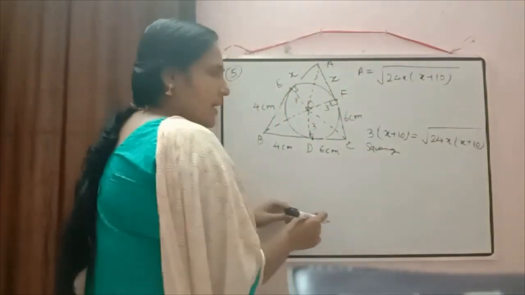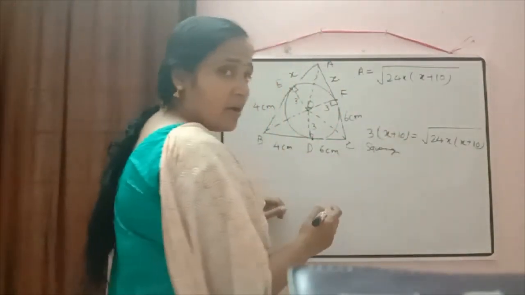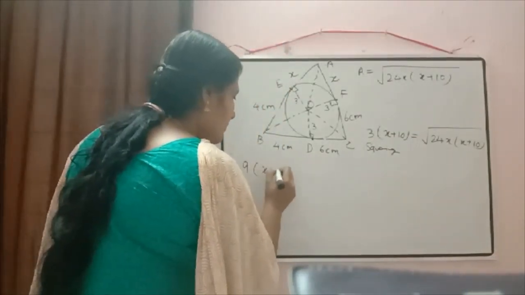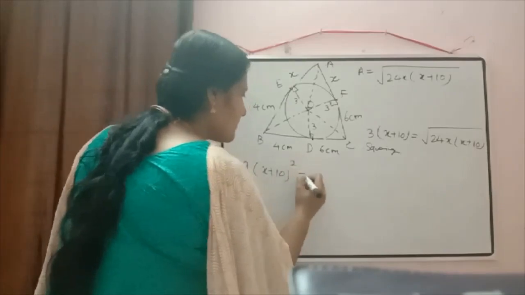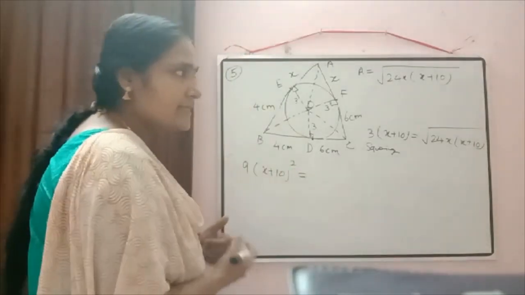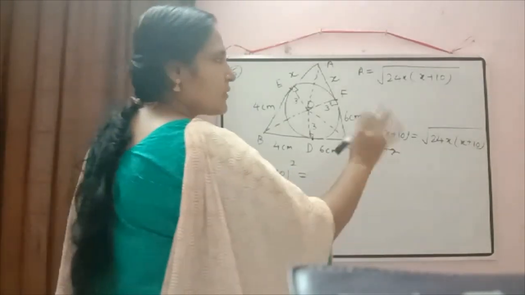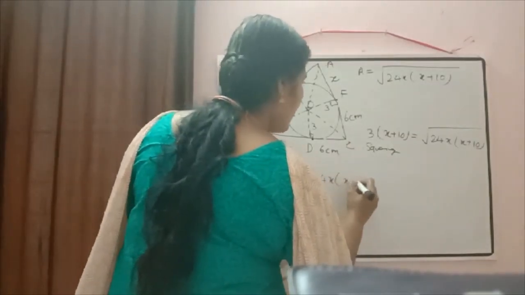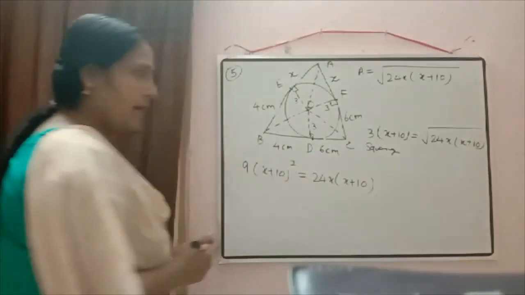When we do the square, the square will come for the whole expression. Then it will be equal to 9 into x plus 10 the whole square, is equal to, on that side the square root will be removed, so remaining it will be equal to 24x into x plus 10.